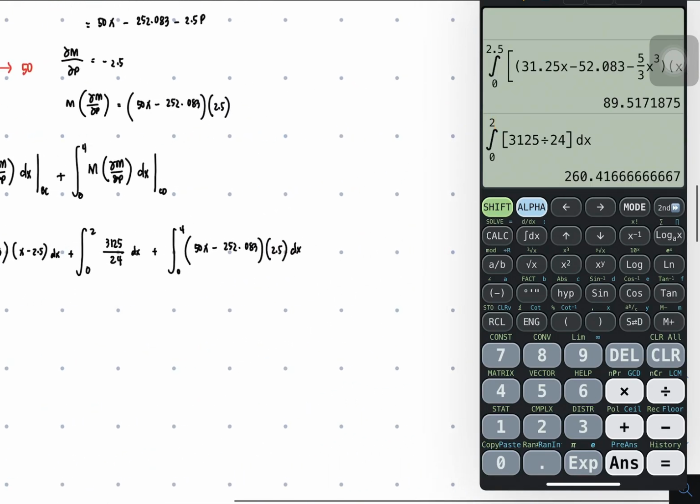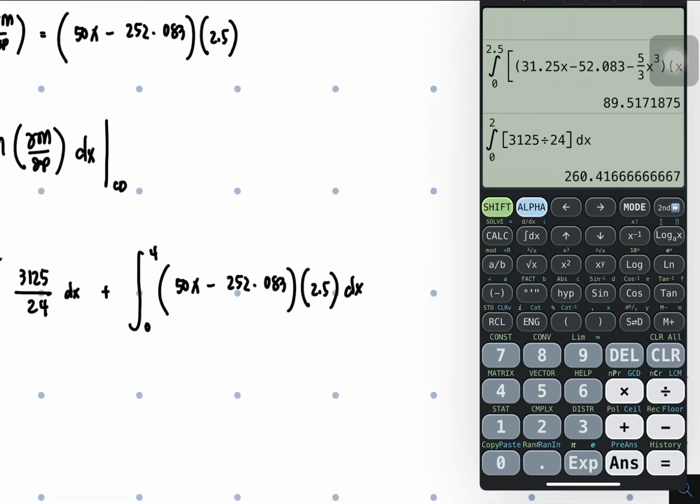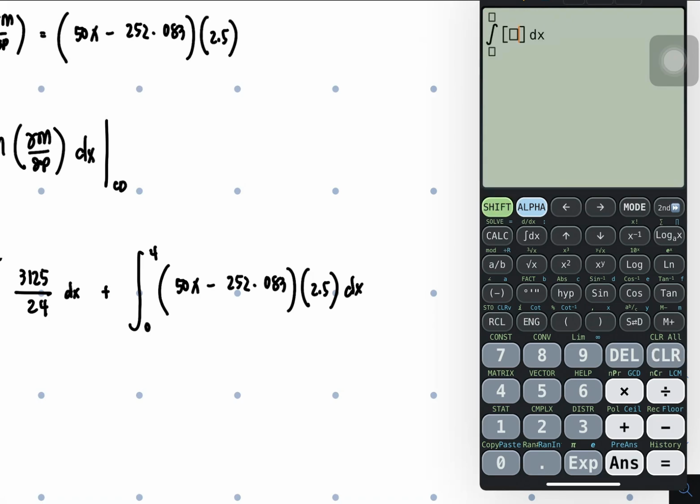Plus the third one. For the third one, it's the integral of 50x minus 252.083 times 2.5, and the limit is from 0 to 4.